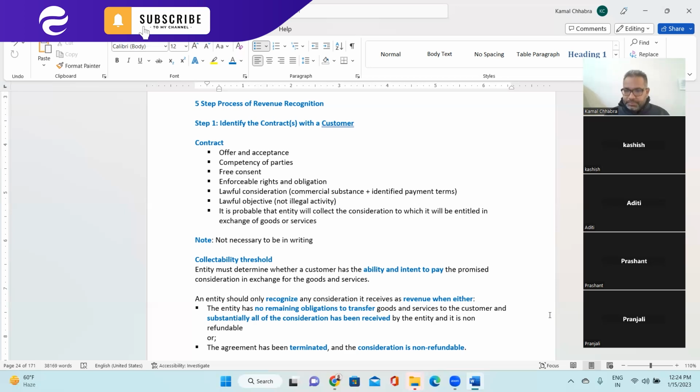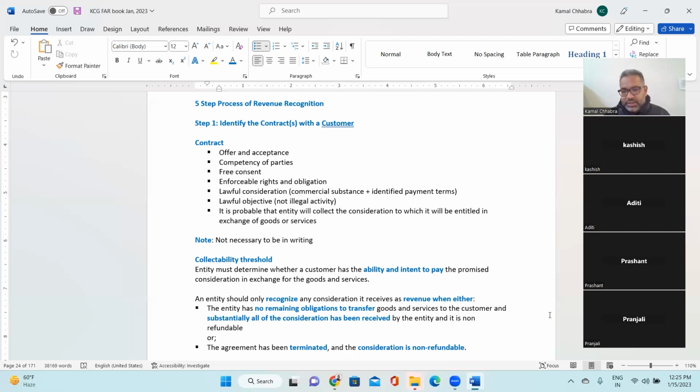We both are majors and sound-minded people, and we both know the market situation. There is no pressure. I have done my own independent evaluation, my quotation analysis, and completely with free consent I shared it with Prashant, and Prashant has agreed to it.